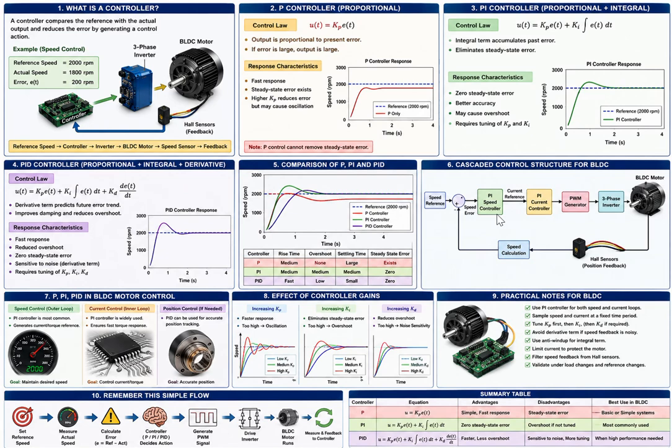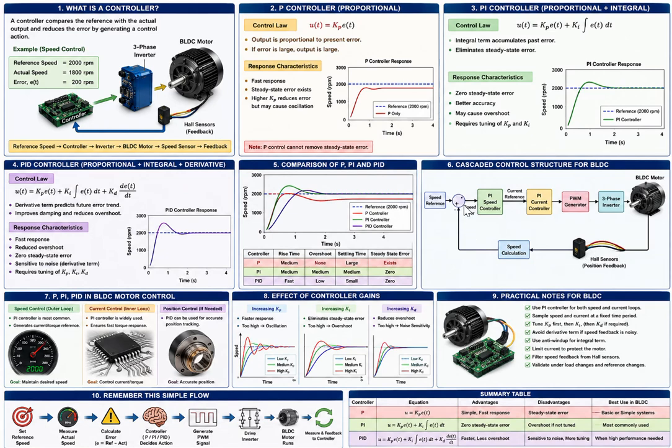This is made up with PI control, so the PI speed controller is there, and the PWM generator is nothing but a small circuit system which is used to provide pulses for the switching devices in the three-phase inverter, so that the switches accordingly change the output voltage at the converter output. That voltage is given to the motor to control the speed. All this happens with the sensed feedback from the speed sensors or Hall sensors.